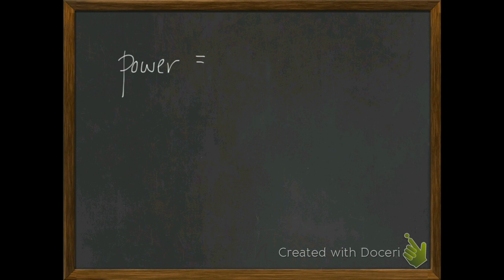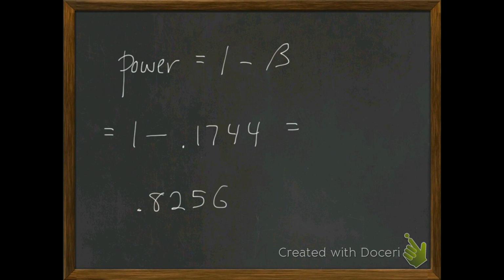We know the power is 1 minus beta. So 1 minus 0.17 is 82.56. Well, 0.8256, which is 82.6%.